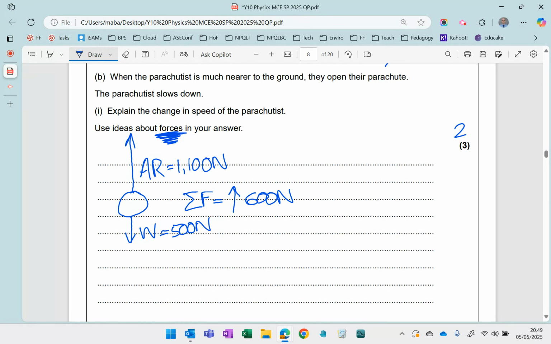You do the big force minus the little force to find that out. Now, because we know that sigma F equals ma, if we've got a resultant force upwards, then we're going to get an acceleration upwards. And if you get an acceleration upwards, then that means that he's decelerating downwards. There we go.